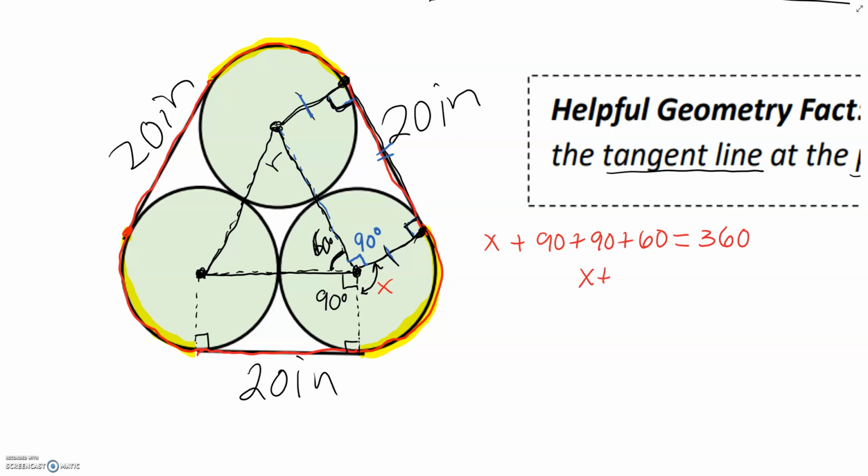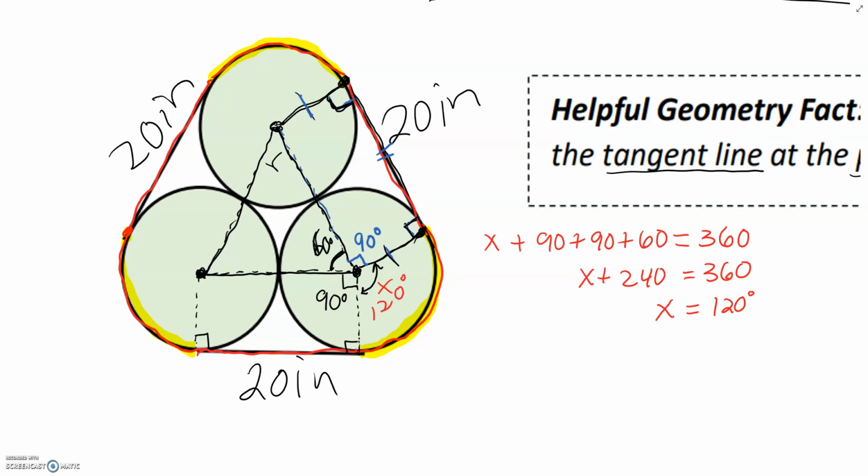So x plus 240 is equal to 360. So x must be 360 minus 240, which is 120 degrees. So x right here is 120 degrees.